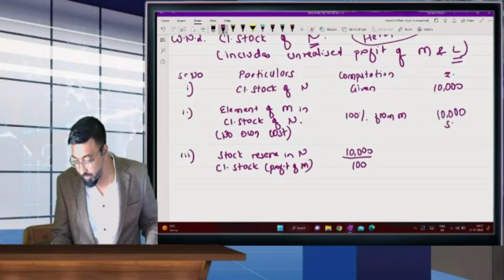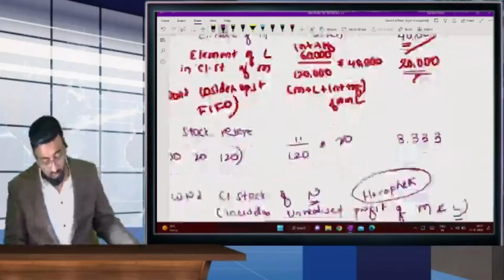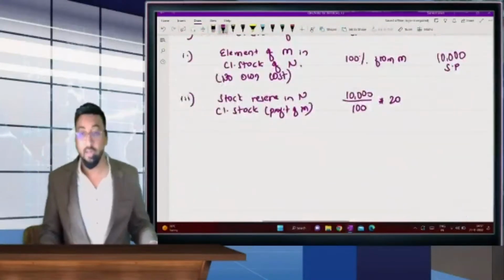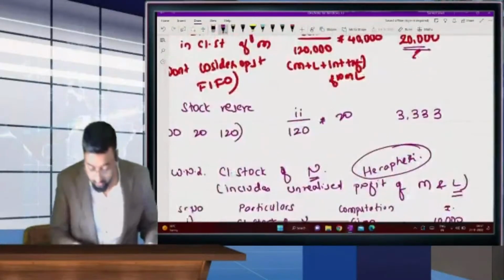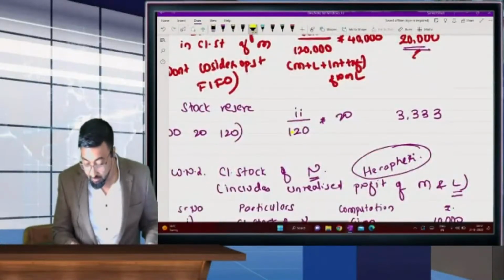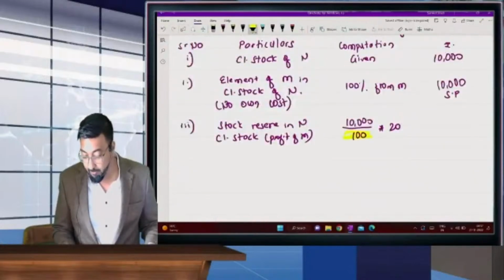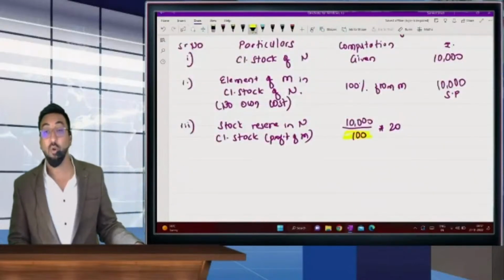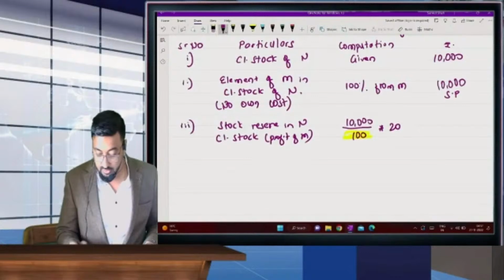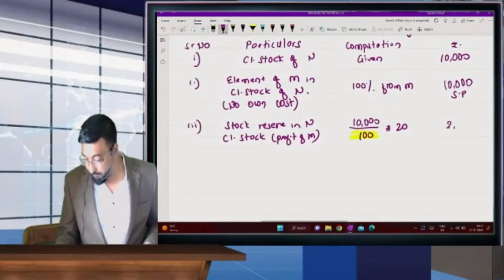This is selling price. And what is profit? 20. So it's not 120 upon into 20. See the difference. Here it is 120 is the selling price because cost is 100. Either selling price is 100. 20% on sales. Okay. So see the difference. 2,000.